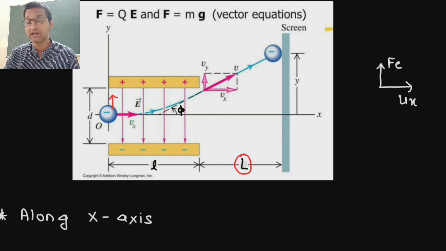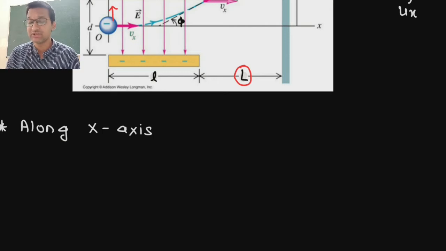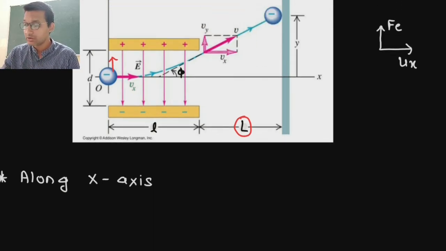After the electric plates, it will also remain constant. So horizontal component remains constant throughout this journey. Let the length of the plates be small l and the distance from the plate to the screen be capital L.